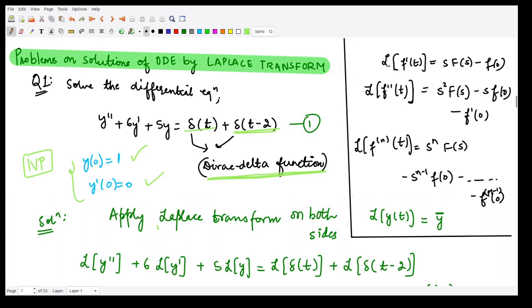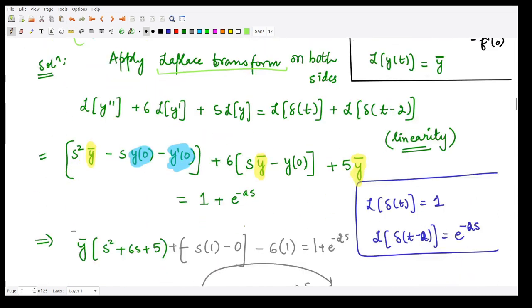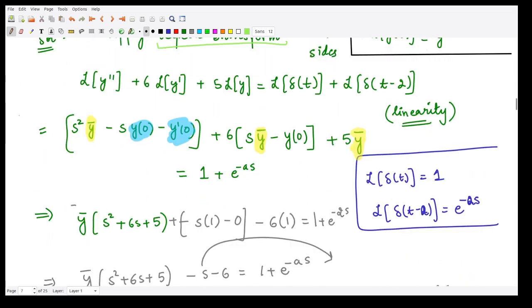That means we'll first apply the Laplace transform on both sides of the equation, so that we obtain the Laplace transform of y'' as s^2 Y - s y(0) - y'(0), and the Laplace transform of y' as s Y - y(0), and because we have assumed the Laplace transform of y is equal to Y bar, it becomes this.